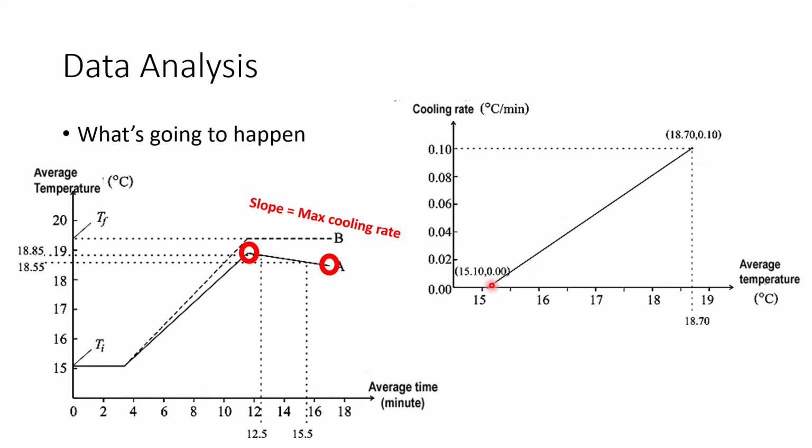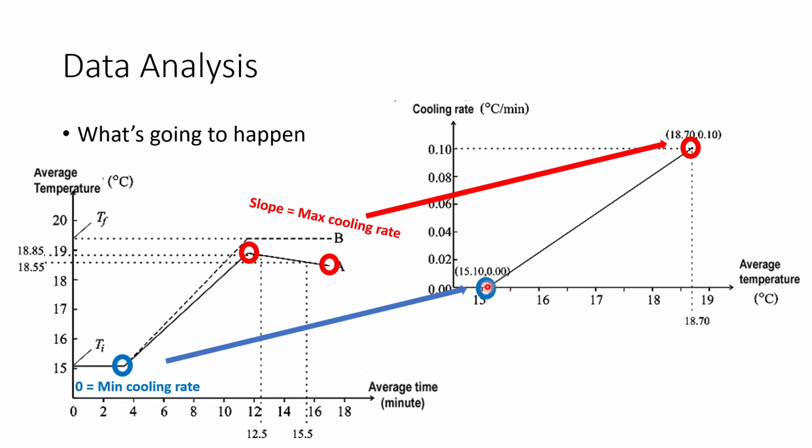So you would have 2 points here. This red point is going to give the estimation of the cooling rate here. And then the blue point, which is 0 at room temperature, you can estimate the 0 cooling rate here. So what's in between? You just draw a straight line that cuts through from the maximum cooling rate that you calculated from this point to the minimum cooling rate, which is 0. Then you draw the line.